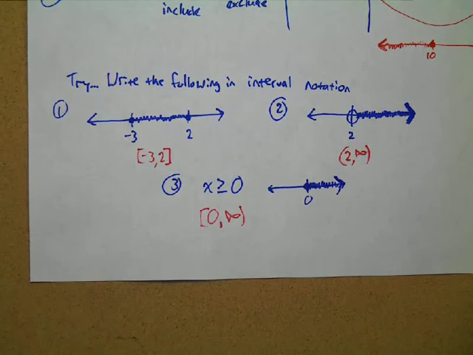A solid dot means we include it. An open, hollow dot means it does not include the 2. Equal to, solid dot, so we have a square bracket there, including the 0.